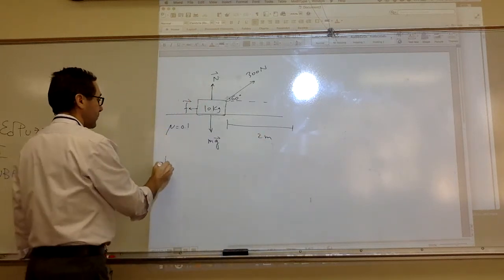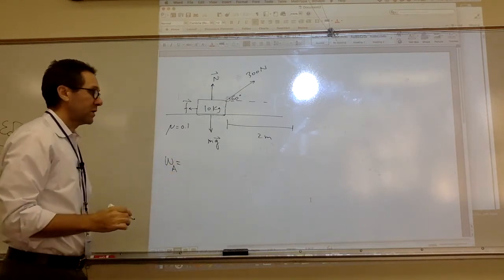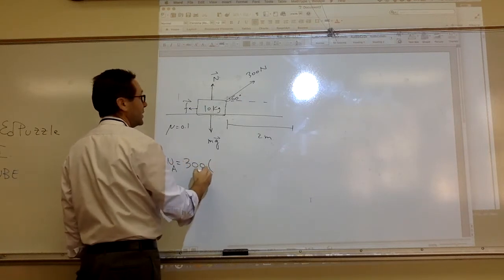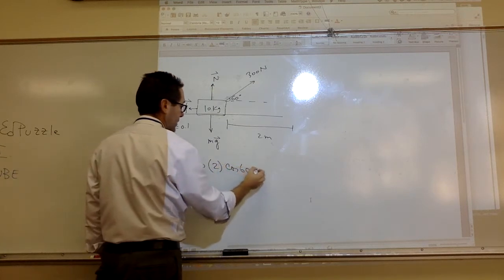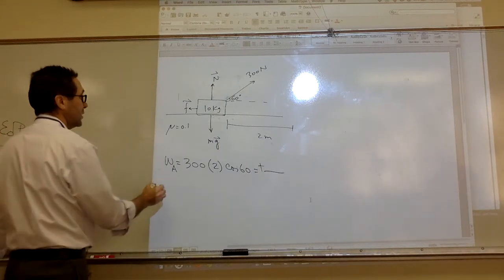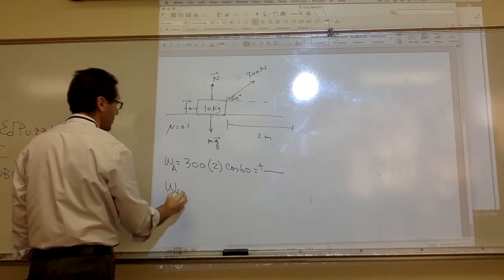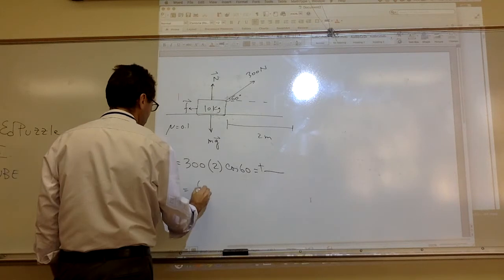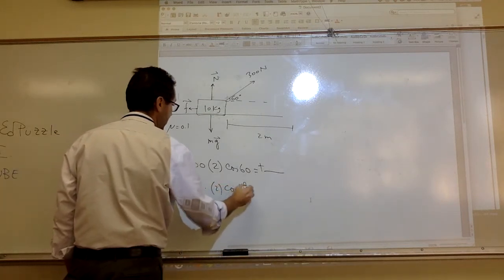So the work done by the applied force, and I have to be specific, is equal to the applied force times the displacement times cosine of 60, and you can figure out the answer. This should be positive. The work done by the normal and the mg is 0. The work done by friction is equal to the force of friction times the 2 meters times cosine of 180.